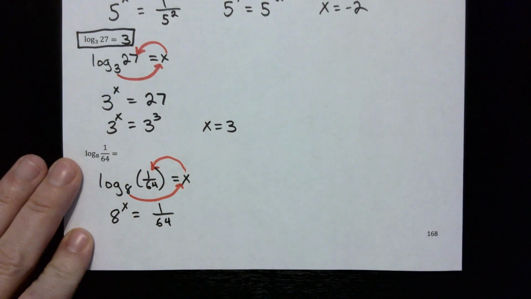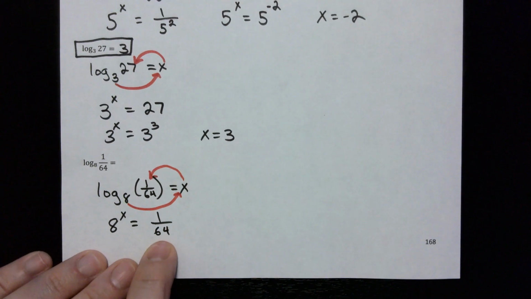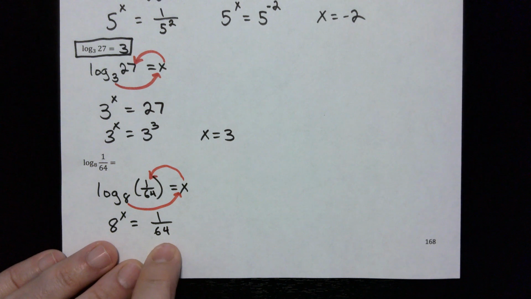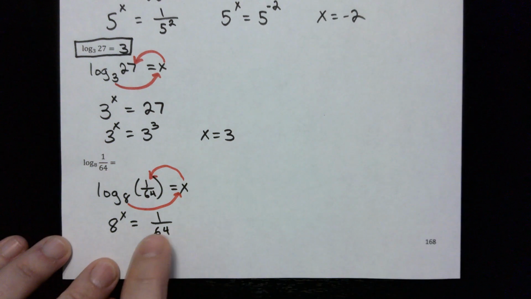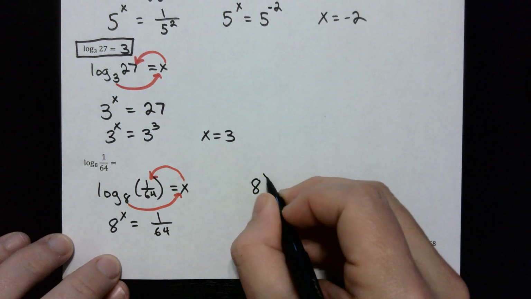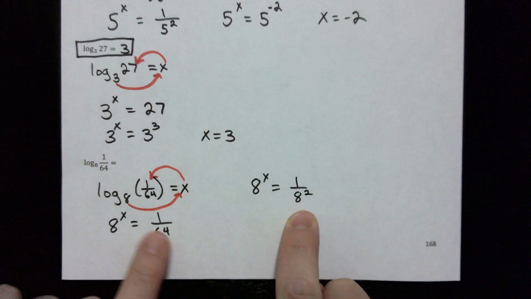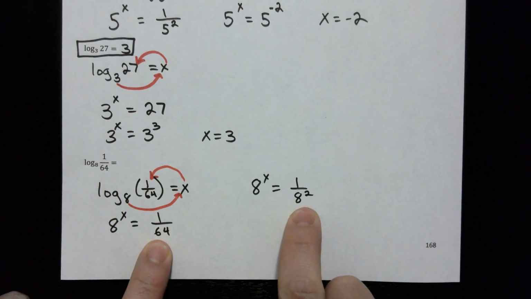This is similar to the one we did two problems ago. This is on the bottom of a fraction, so we need to get rid of that fraction. We also need to put this 64 in terms of 8 to a power. So 8 to what power gives you 64? Well, that would be 2. So I'm exchanging the 64 with an 8 to the 2.